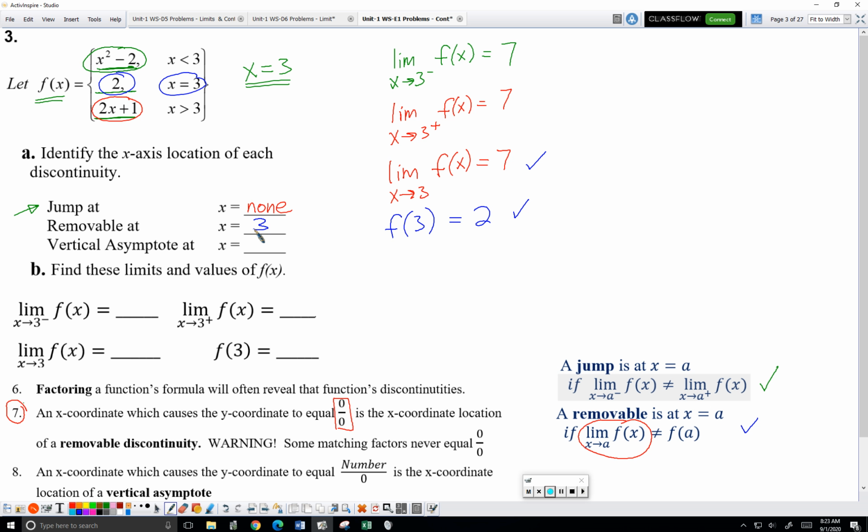I'll pay the whole room. I can look at this problem and tell you right away there is no vertical asymptote. I don't have to do any computation. I don't have to write anything. I can just look at it and know. If you can tell me how I know, I'll pay you. Show me your hands. I'll pay everyone who knows. How can I just look at that and say no vertical asymptote?